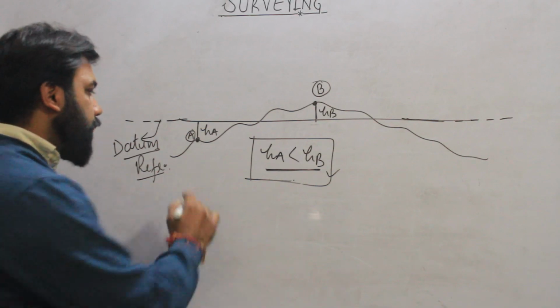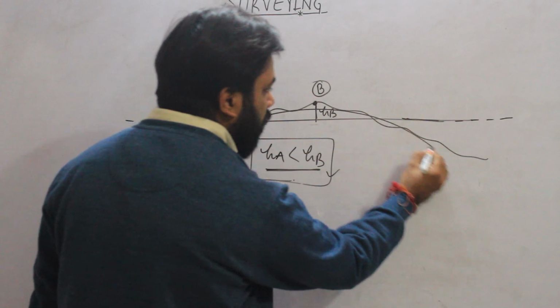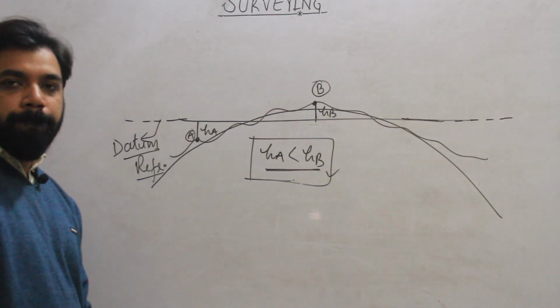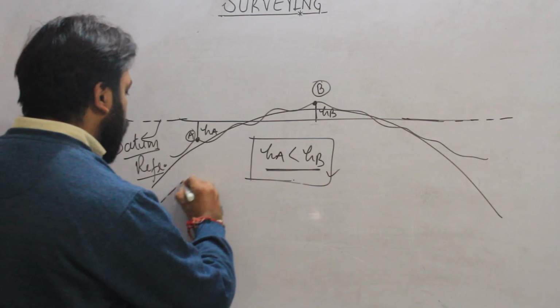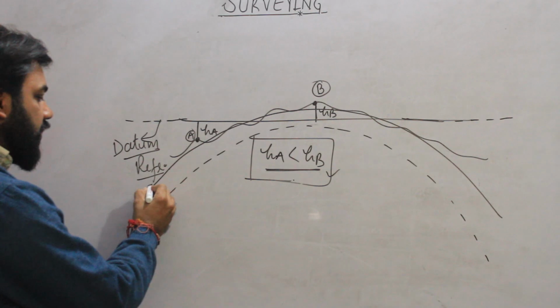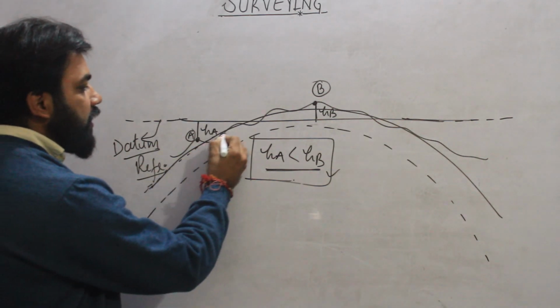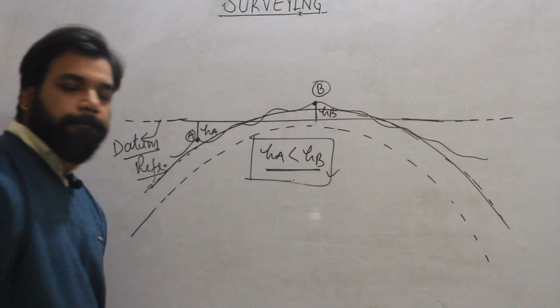So what will happen? Suppose we have a curvature of earth like this. Suppose the curvature of earth goes like this, and we have taken this line nearly parallel to the curvature of earth.